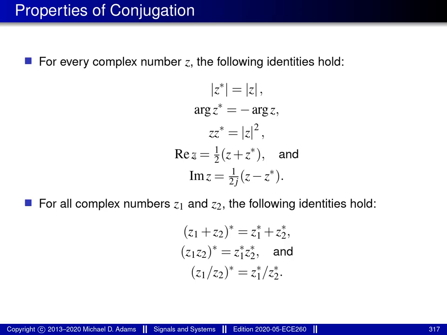And then we have a couple properties which relate to the real and imaginary parts of complex numbers, which are sometimes useful as well. And then with these last three properties, we essentially have that conjugation operations can be exchanged with a number of other operations.